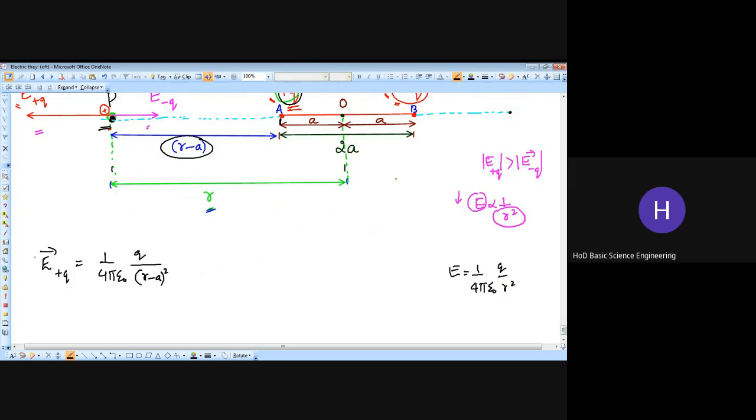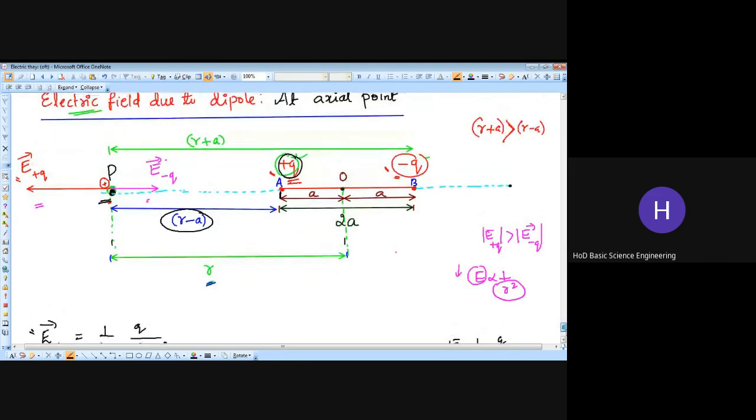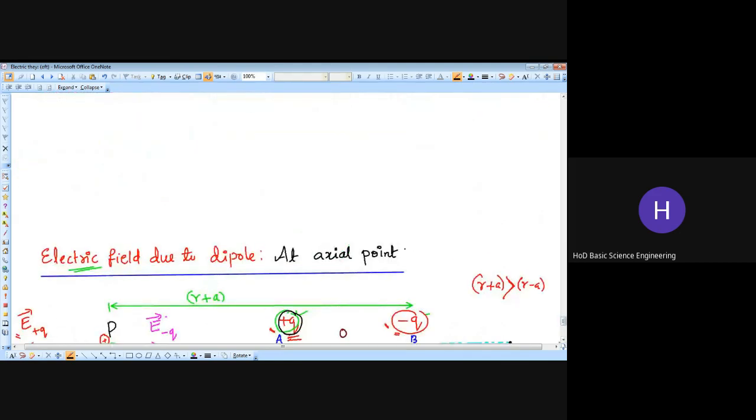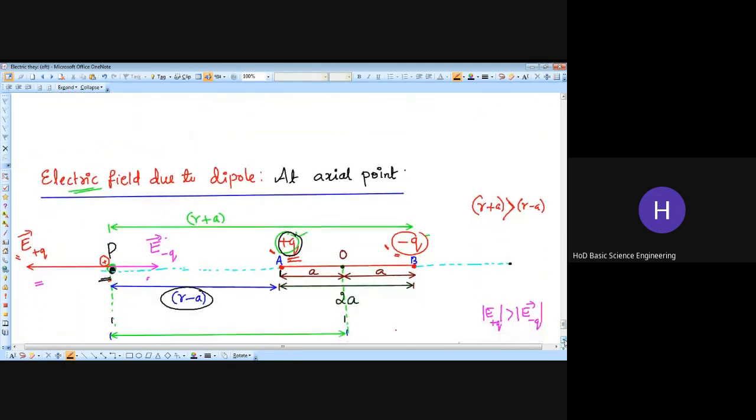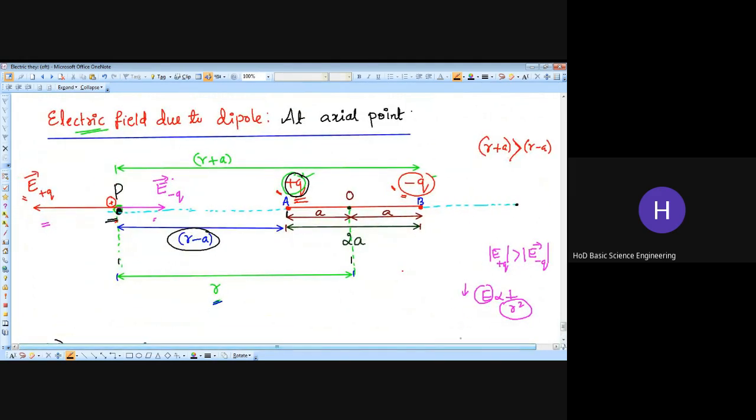Since I have taken vector mark here, on right side also you need to write vector. So how you can write vector? Just look at this. We can compare this electric field direction with the direction of dipole moment. Electric dipole moment. You know, the direction of electric dipole moment is from negative to positive, right?